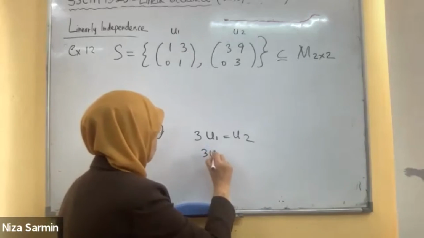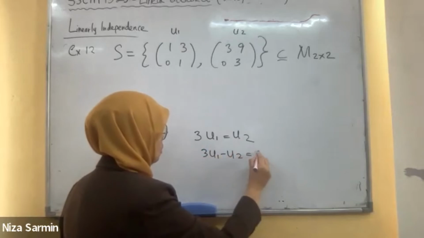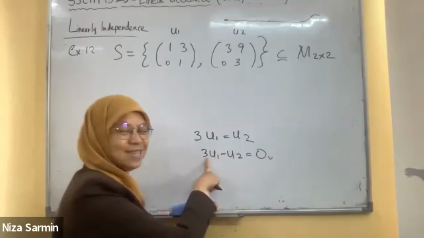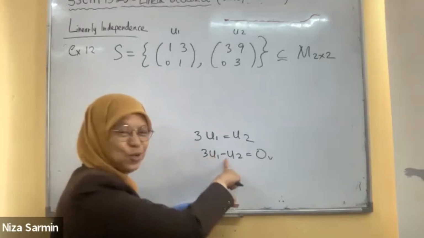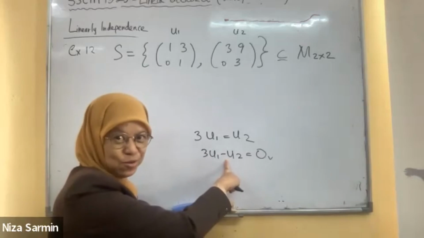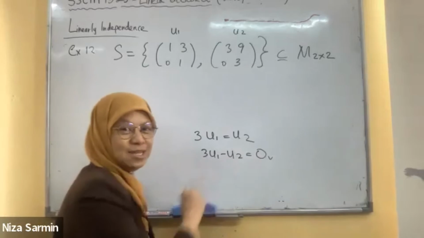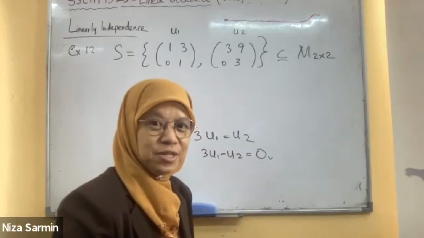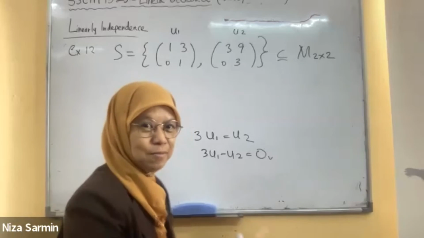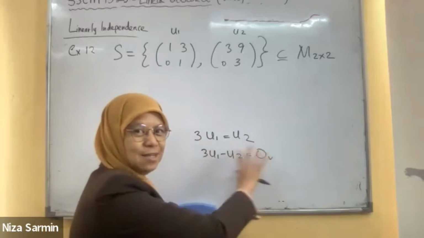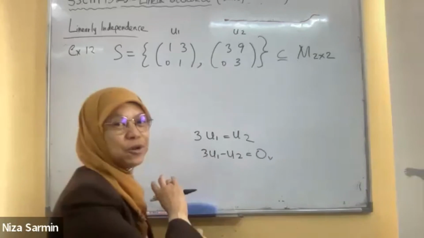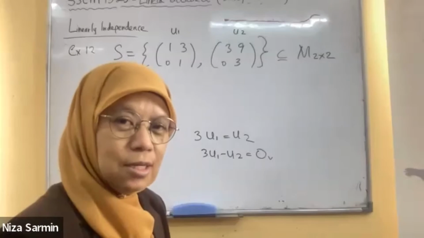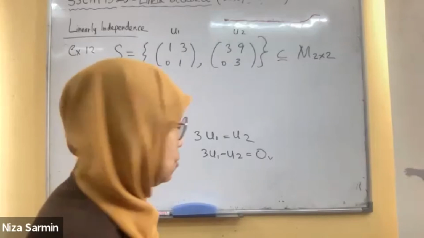So I get 3u1 minus u2 equal 0. See the C? C1 is 3, C2 is -1, which is not 0, but the linear combination is 0. So it is linearly dependent by the definition. Okay, put this aside first. I will write out from scratch, yeah? Write out the definition and see what happened to the C or not.